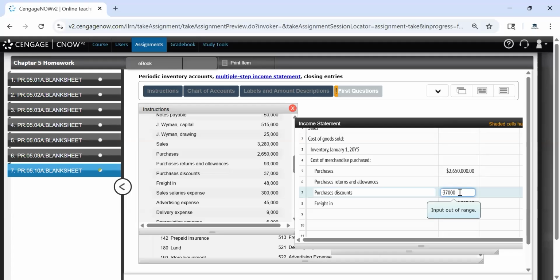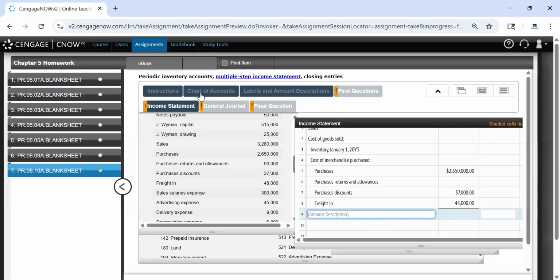As you can see, the negative 37,000, because purchase discounts reduce our cost of inventory. However, it's not accepting a negative value. Therefore, we just have to put in 37,000. When you're adding all this up, you have to make sure that your purchases are in addition to goods available for sale.